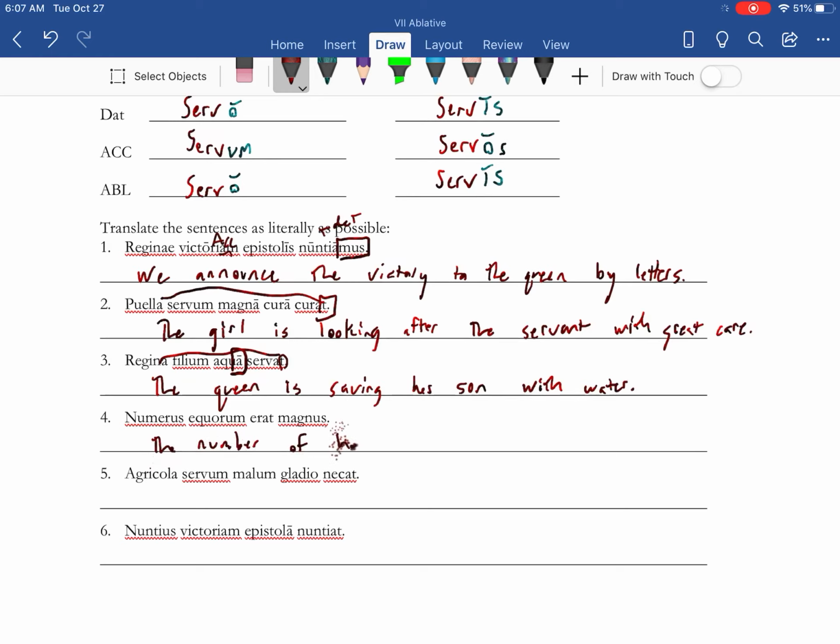The number of horses was great. The farmer kills the bad servant.